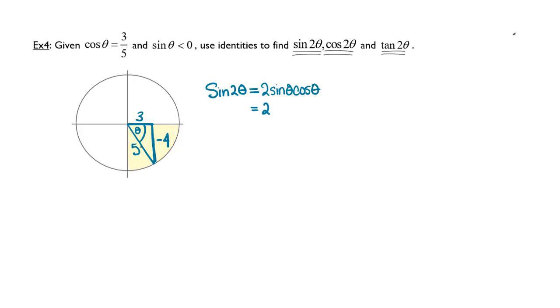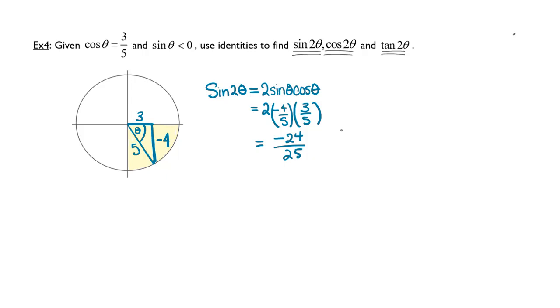That would be opposite over hypotenuse, which is -4/5. Cosine of theta, we already know, is 3/5. And I can find my answer. I have -8 times 3 is -24 over 25.